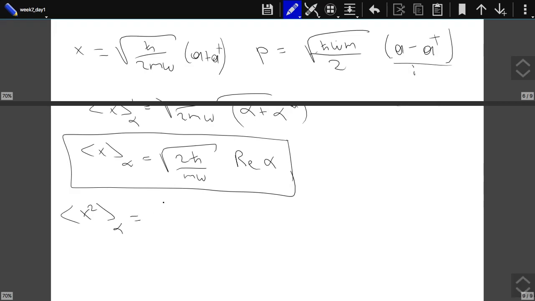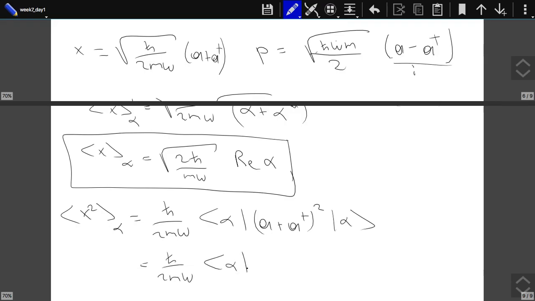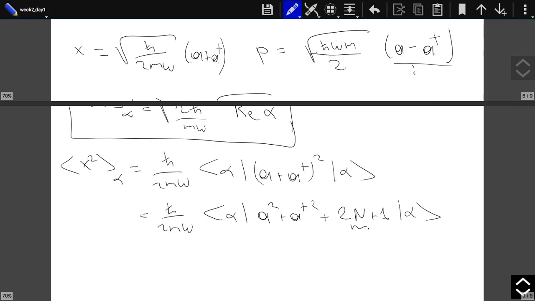This will be equal to h bar over 2m omega without the square root, alpha, a plus a dagger squared, acting on alpha. Well, we had calculated that squared before. Alpha, a squared plus a dagger squared plus twice the number operator plus 1. And keep in mind that number operator is just a dagger a.